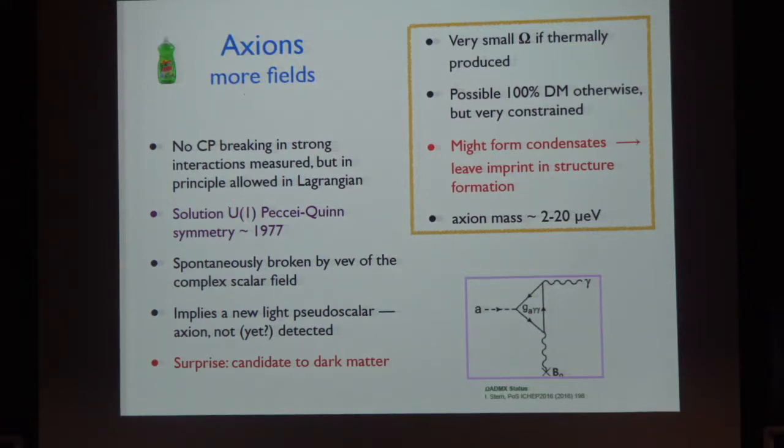Very similar to what happens with the Higgs field, this field acquires a vacuum expectation value, and CP breaking is forbidden because of this extra symmetry, and we would have a very, very light complex pseudoscalar field with a very, very small coupling, and that would explain why there is no CP violation in the strong sector.